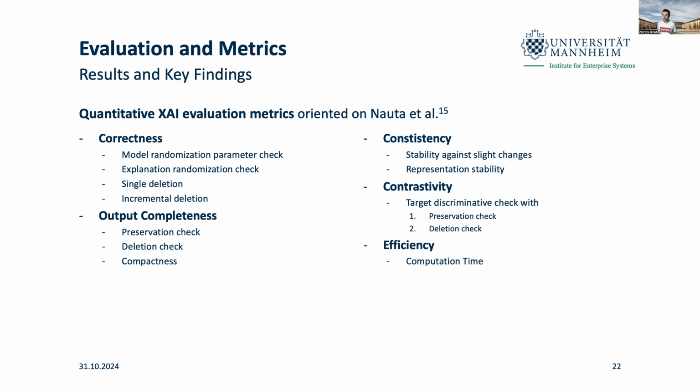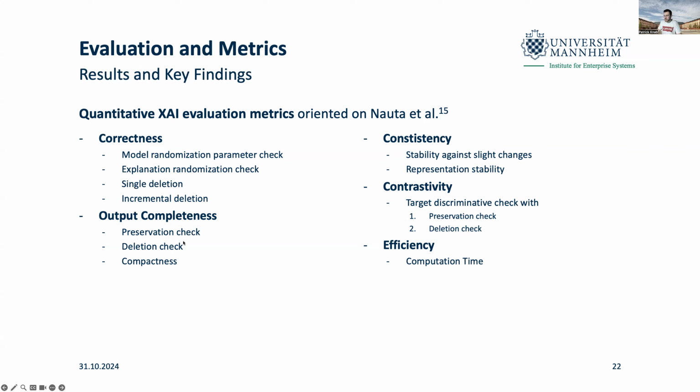For single deletion, we replace the explanation with a specific background image, for example, simply water or the sea. For incremental deletion, we measure the area under the curve when incrementally deleting the most important pixels and replacing them with dummy values.